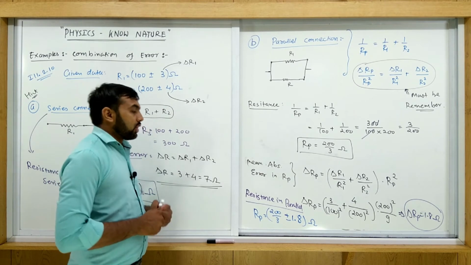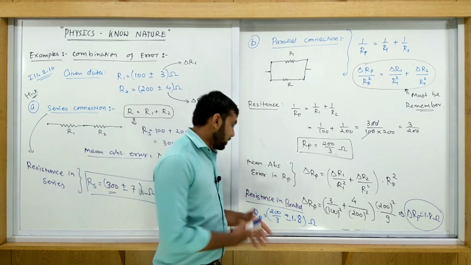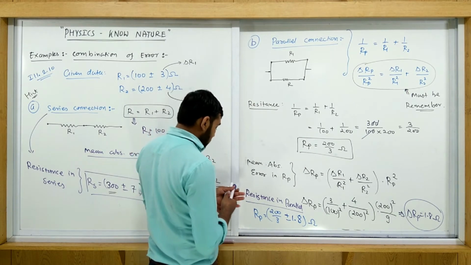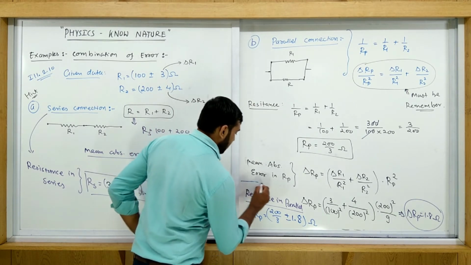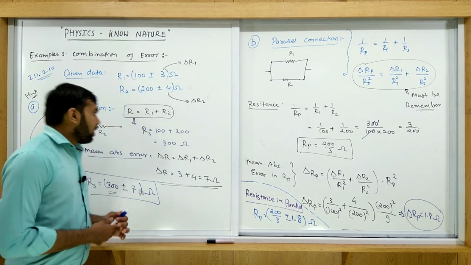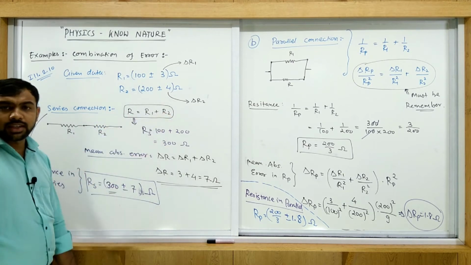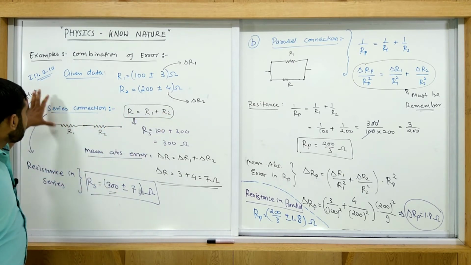Again, I am telling all of you, when you find this answer, just take it separately. When you use the series connection, then the resultant resistance is equal to R1 plus R2 given in the problem. So it is very simple.